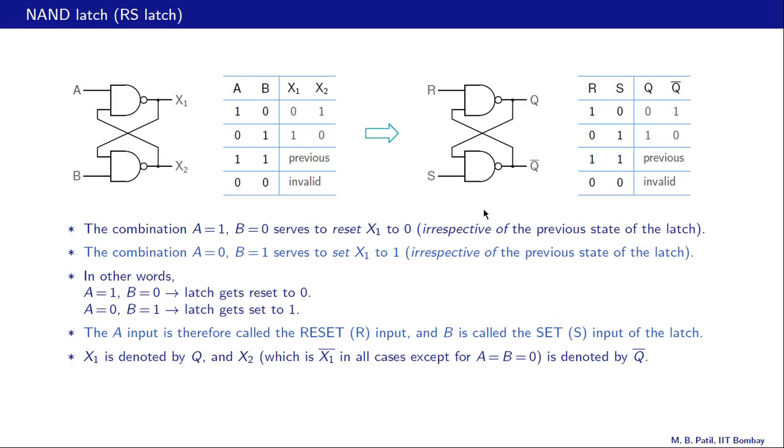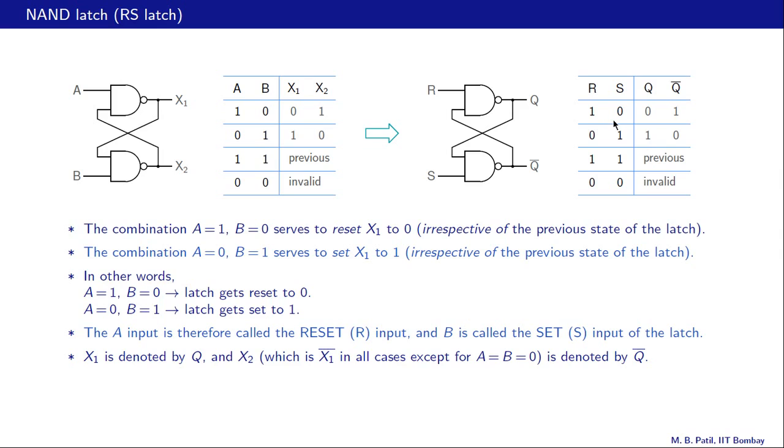So this is our circuit diagram with the new input and output names. R here for reset, S here for set, Q, that is the latch output, and Q bar is the inverse of this. And here is the table that describes how this latch works.